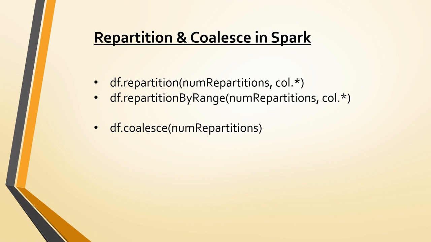Why we have to do repartition: by default Spark has a mechanism to take care of the partitions of the data that you use as input, and it can provide all the required functionality for partitioning the data.